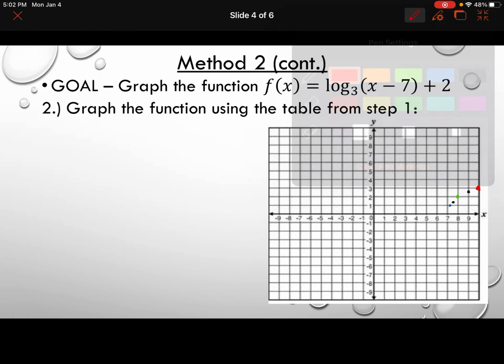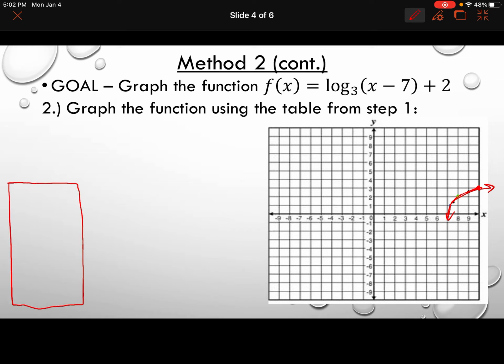So now we can make our curve, which, once again, is the exact same curve as yesterday. All right. And you know what? I'm just going to reproduce the table here. So we had x, f of x.